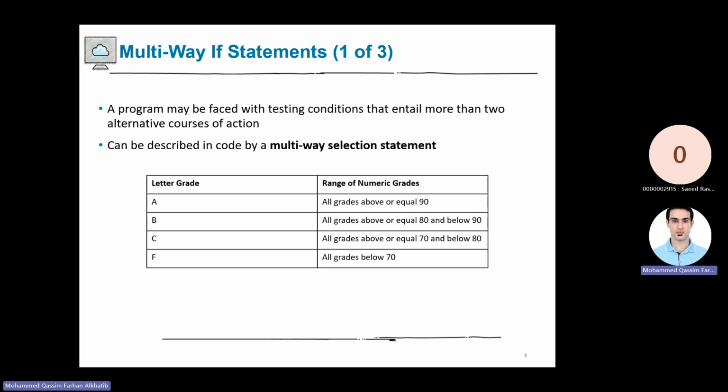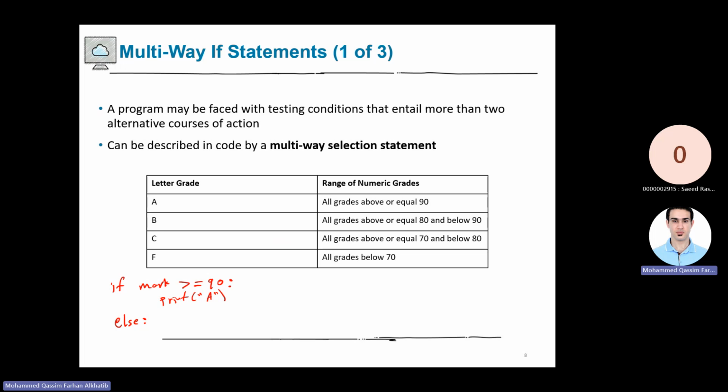The task is quite simple. First, you have to understand the problem. If the mark is larger than or equal 90, because 90 is still considered A, print A. When I say the word else, what does that mean?